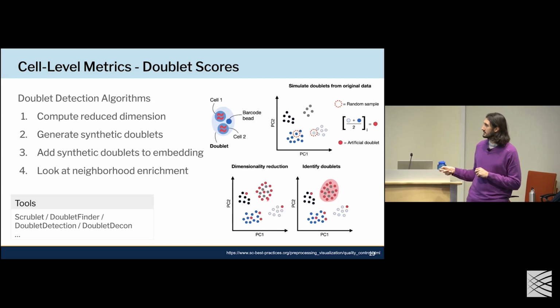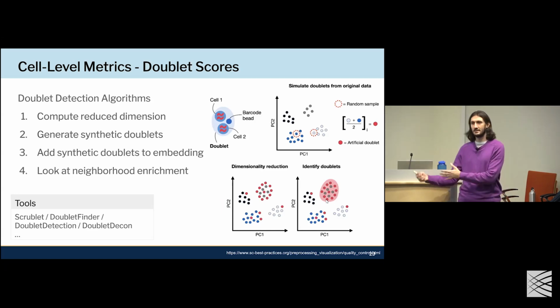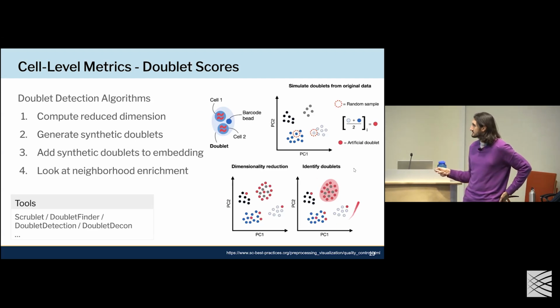And we can see how, in some cases, all of these simulated doublets end up clustering together, meaning that these droplets that we were seeing here are most likely technical doublets because they're surrounded by artificial doublets that we generated.